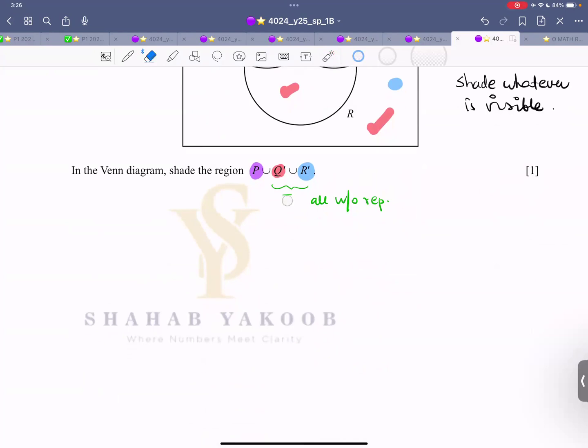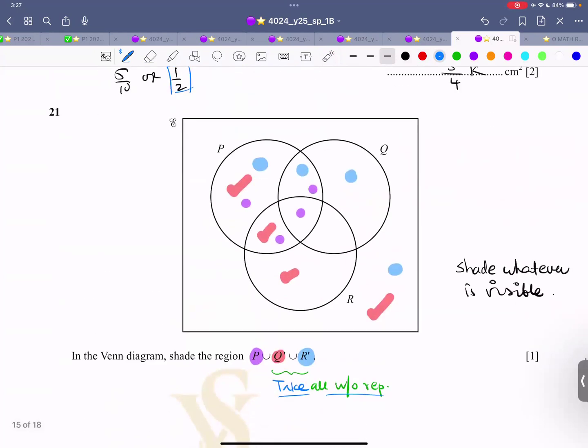Let me write it properly. So this is take all without repetition. So basically, the union is everything that you see. That is the blue and the red. So red, red, red, red, blue, blue, blue, blue. That is the union. Now union it with P. So now if I unionize with P, you would take the previous one as well as this one.